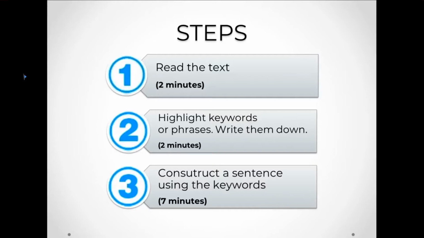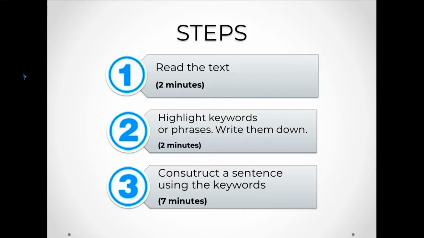You can highlight if you have a marker, or you can underline if you have a pen or a pencil or something, right? And what is it that you're going to do with that? Well, you are going to take those words, you are going to extract them from the text, and you are going to write them down somewhere else.